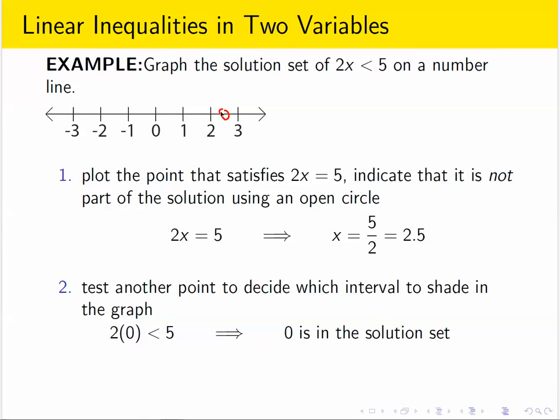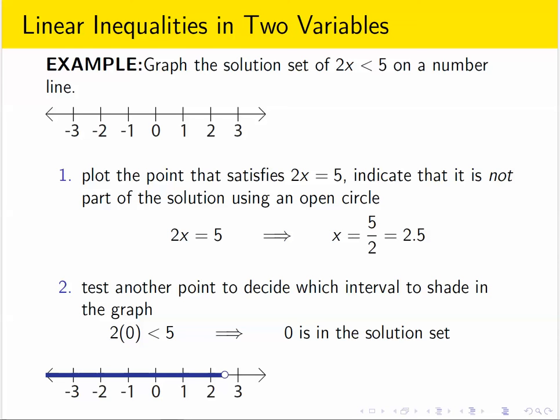If I take any number that's to the left of 2.5 and plug it into this inequality, I get a solution. So what I really want to do is shade every point that's on the left side of that endpoint. And so if I do that carefully, I get the picture I see at the bottom of the screen here. We've shaded everything to the left of 2.5, and we've left 2.5 itself unshaded to indicate that it is not part of the solution set.